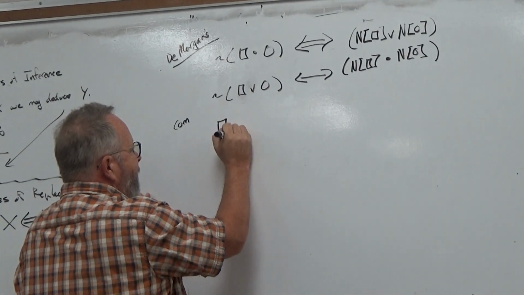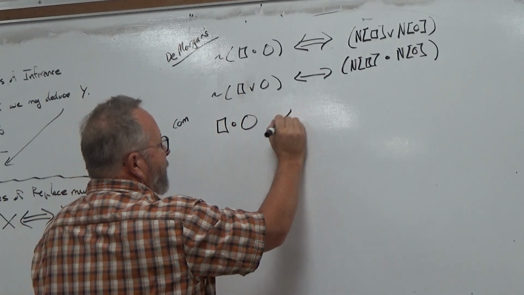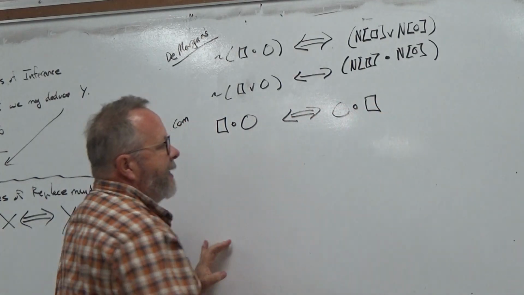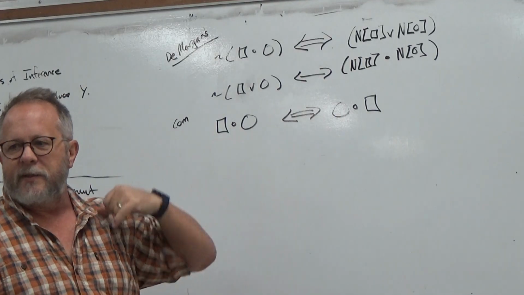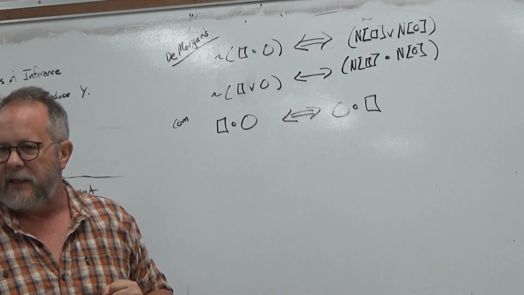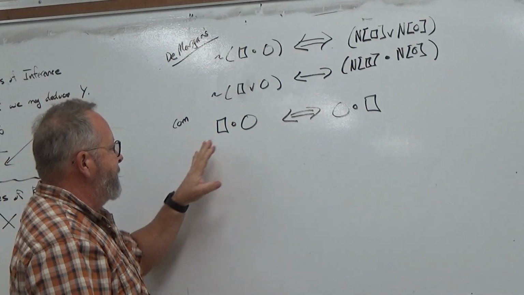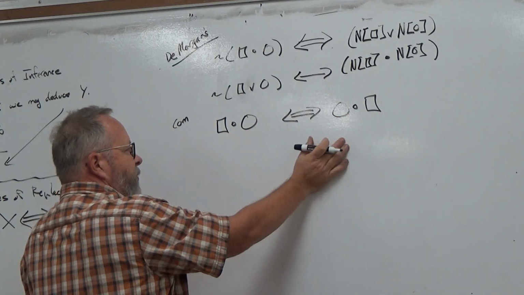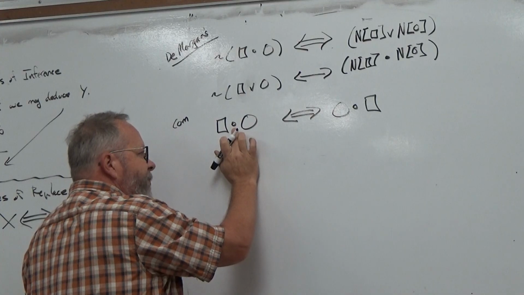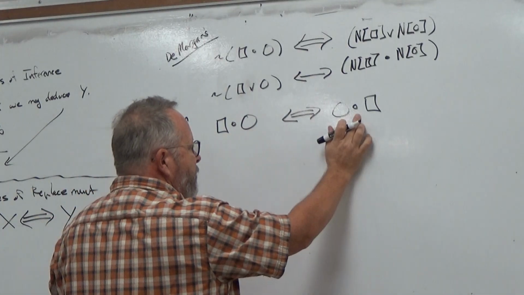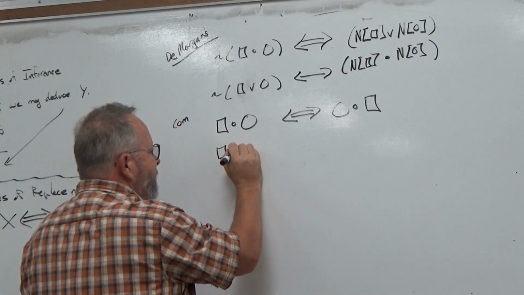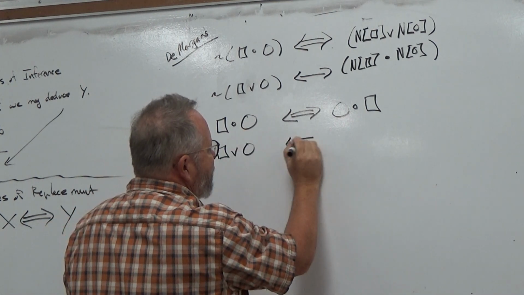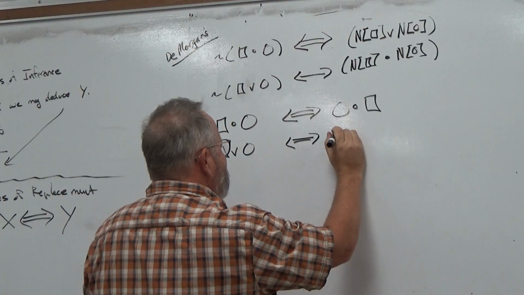So if we have a box and a circle, we may replace that by circle and the box, and now if we wanted to get the circle, we could simplify. Does everybody understand that? This is by com, and if you have this, you can switch it back to that. Com can be done on conjunctions, and it can be done on disjunctions.